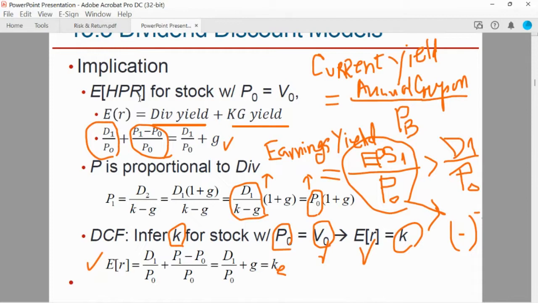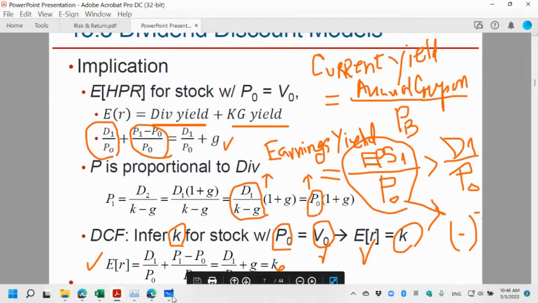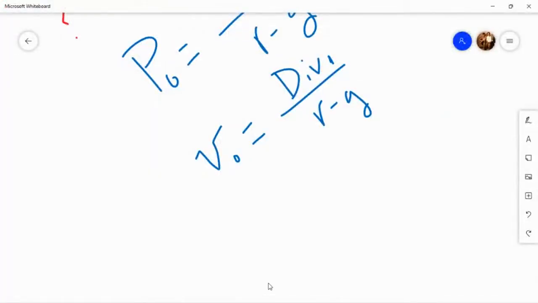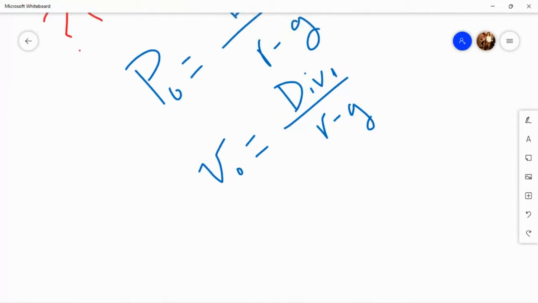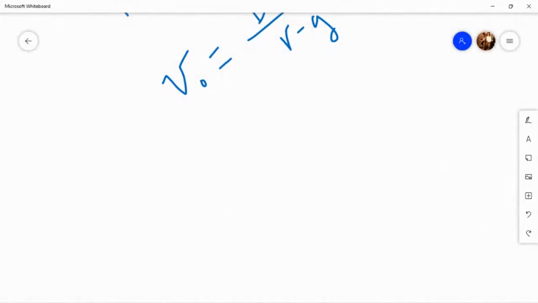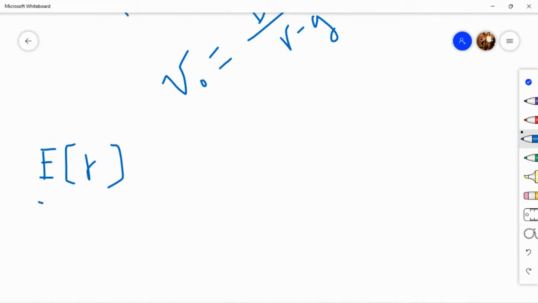Again, this notation, this symbol, is called the expectations operator, right?